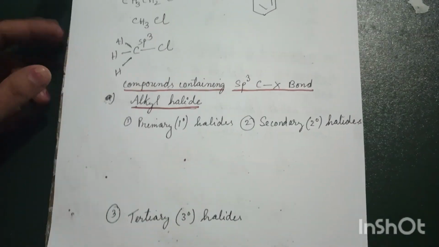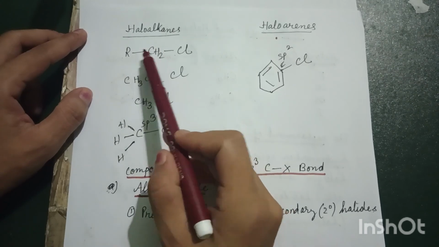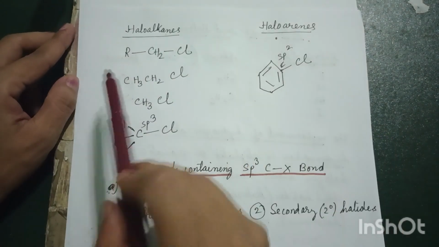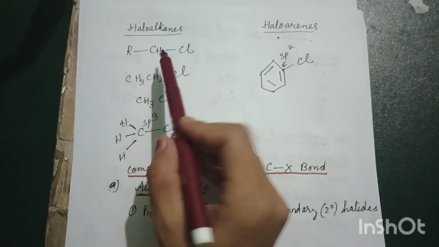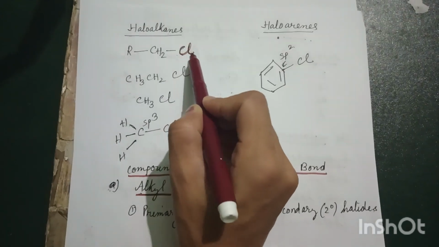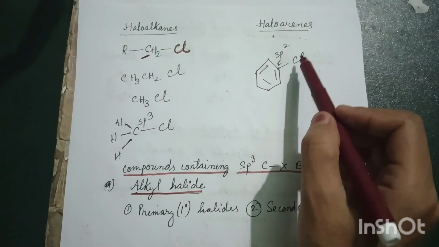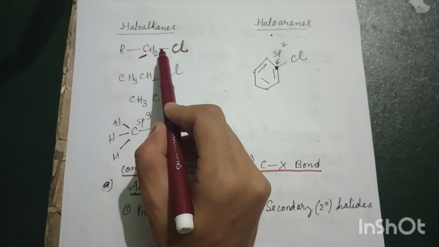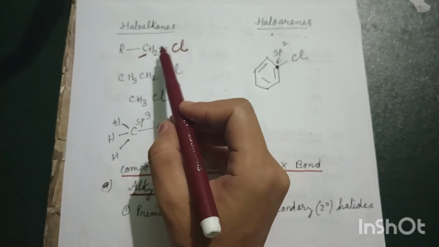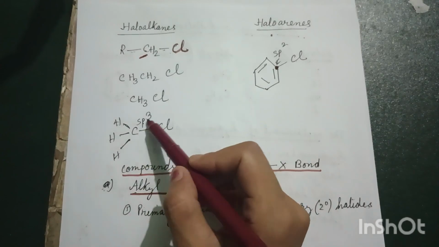So haloalkanes, once again. Let us know the differences between haloalkanes and haloarenes. In haloalkanes, this Cl or X is connected to this carbon. Let us focus on this carbon. This carbon is all single bonded, and when a carbon has single bonds we know that it is sp3 hybridized.